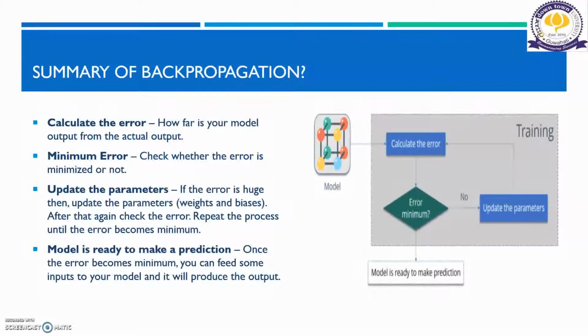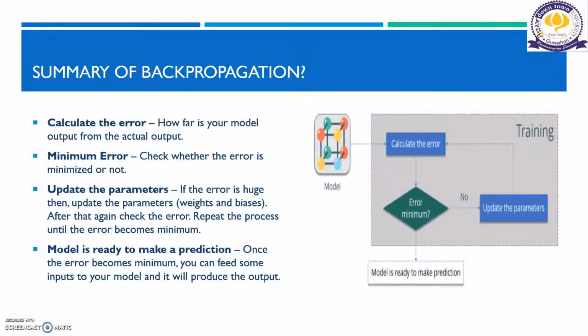For that you need to give the training data with the label, which is the target output, as explained before. After getting the output, it calculates the error to see how far your model output is from the actual output. Then based on the error, you need to minimize the error.